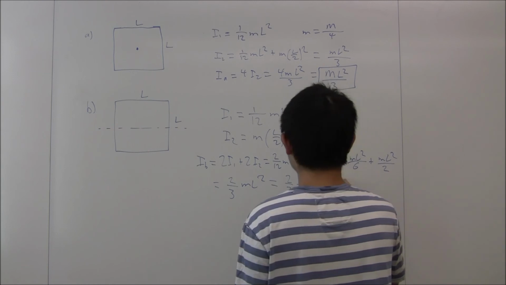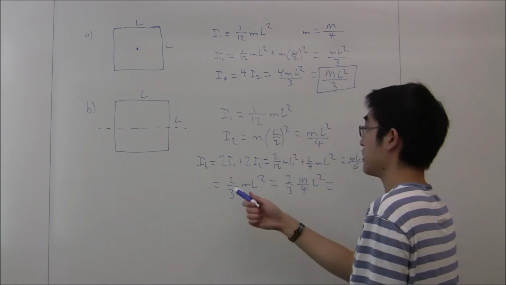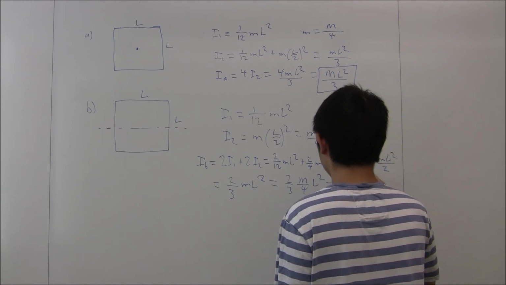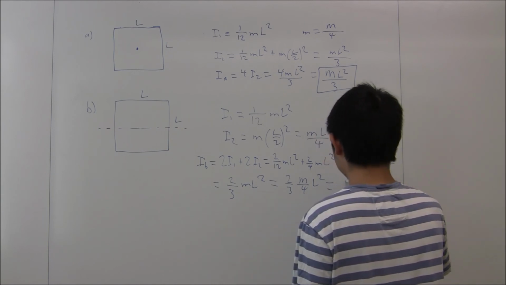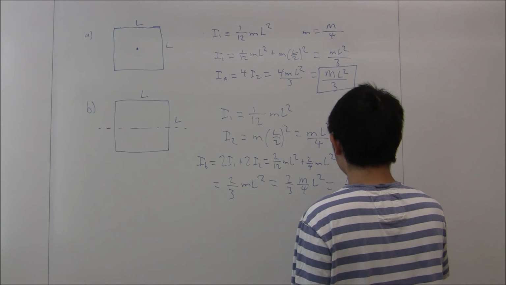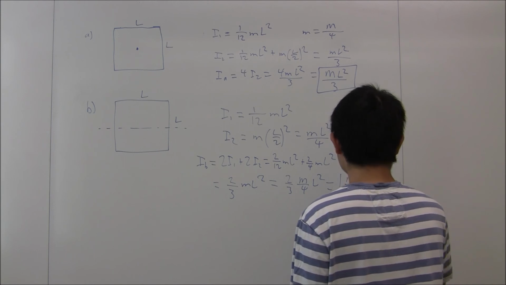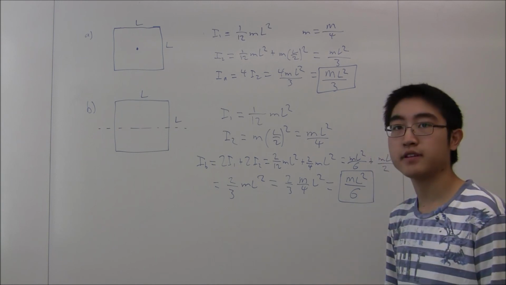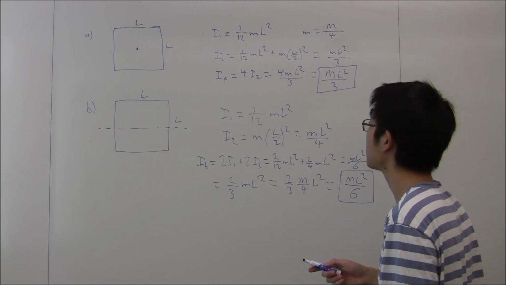Which means that if we simplify this, the moment of inertia in part B of the wire is going to be big M L squared over 6, which is just half of the moment of inertia we found in part A.